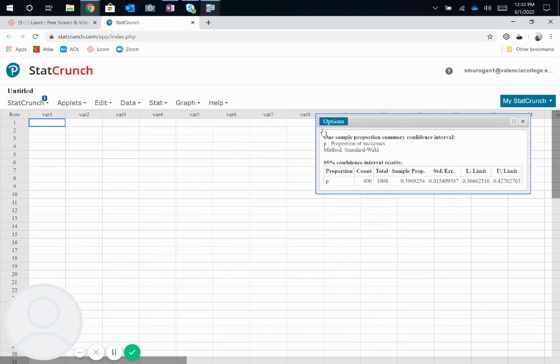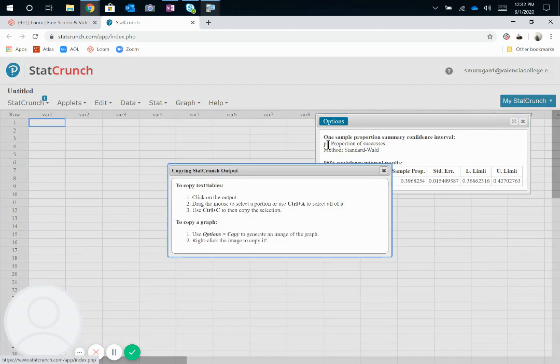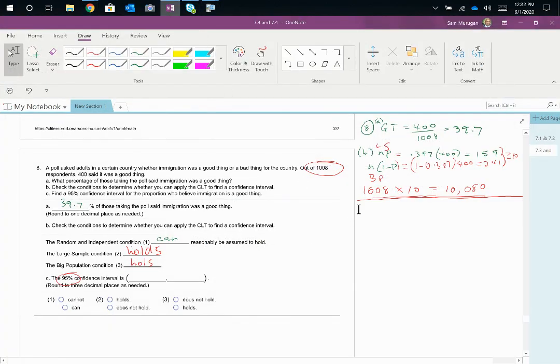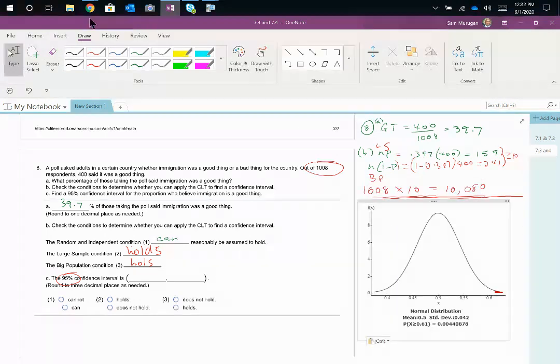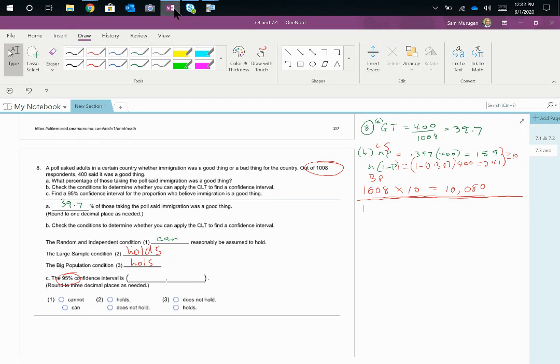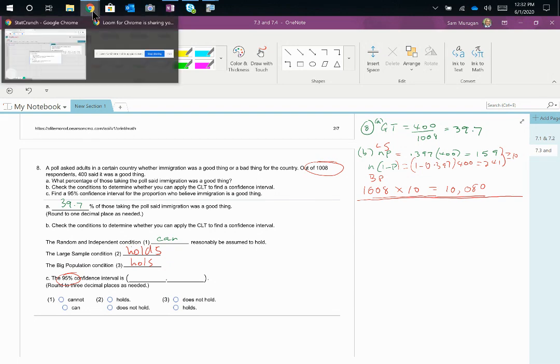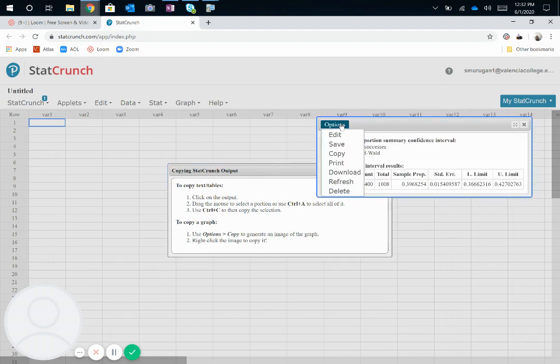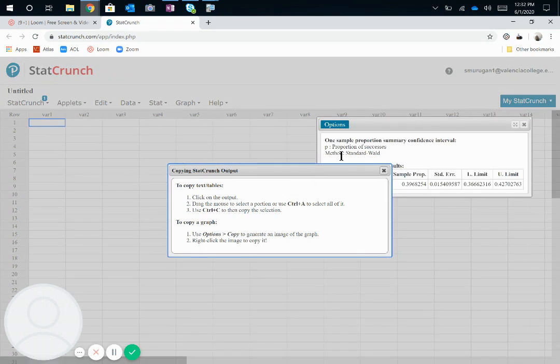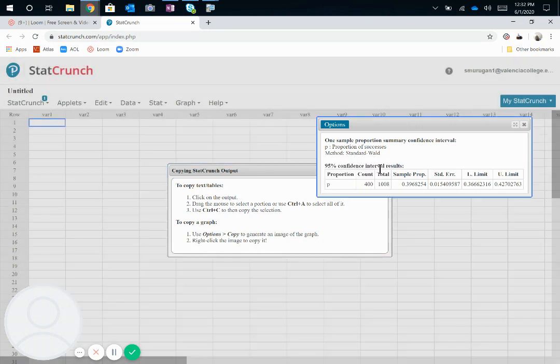Okay, now I'm going to copy this and put it into the answer place so you can see it. Now what I want here, how do I copy this? Okay, that's not going to allow me to copy it.